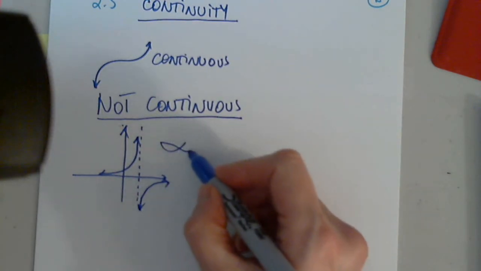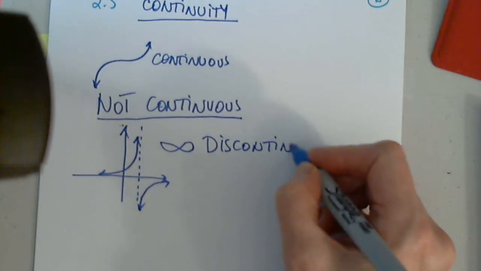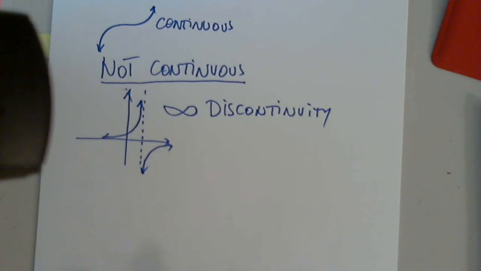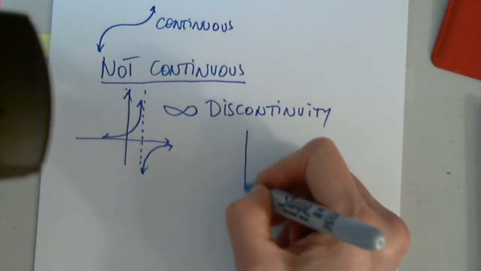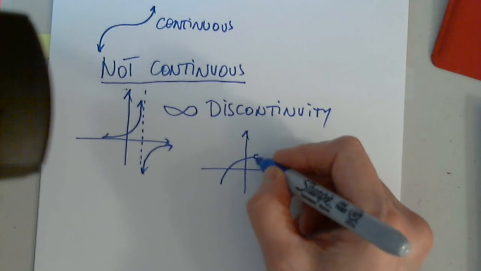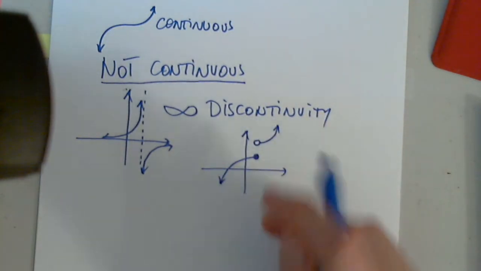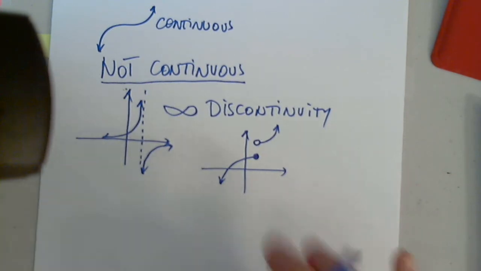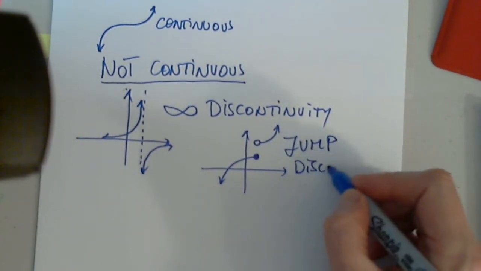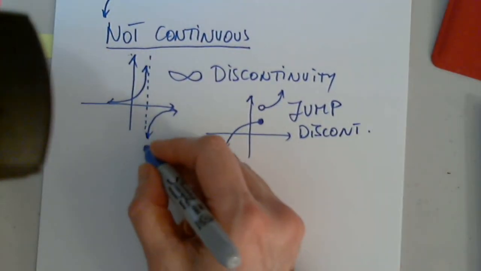This is called infinite discontinuity. Here is another. This function is not continuous. It's called jump discontinuity. Here's another.